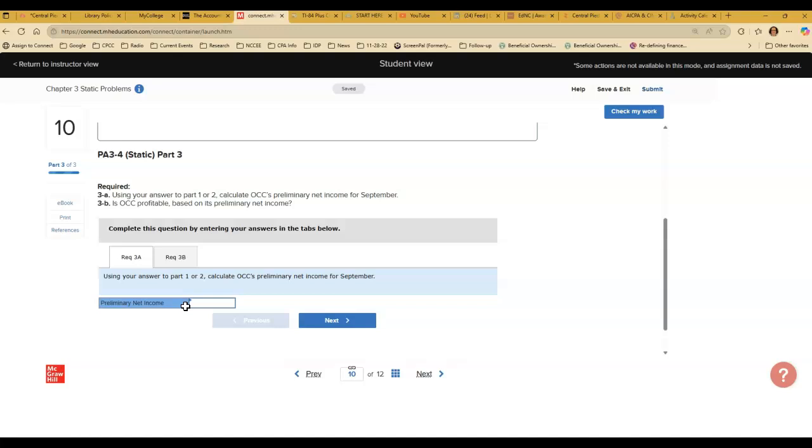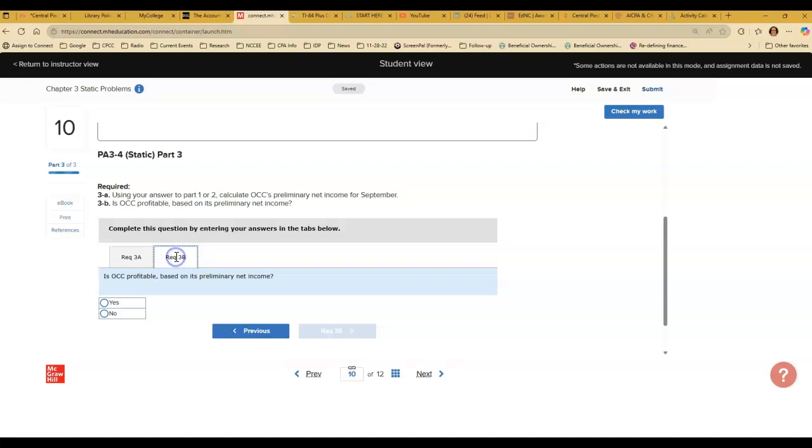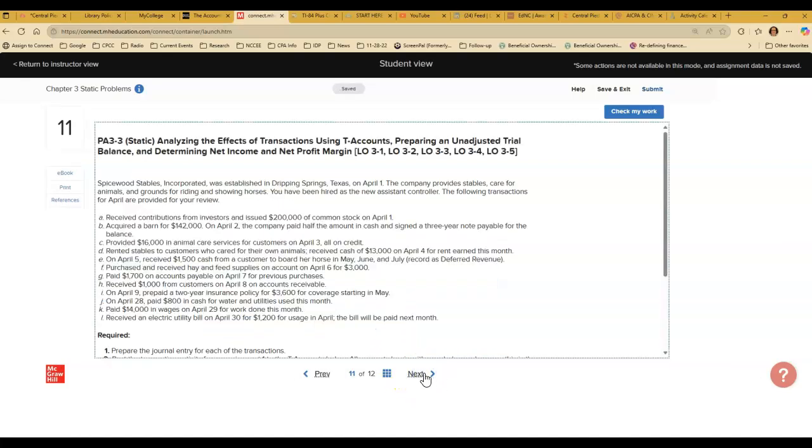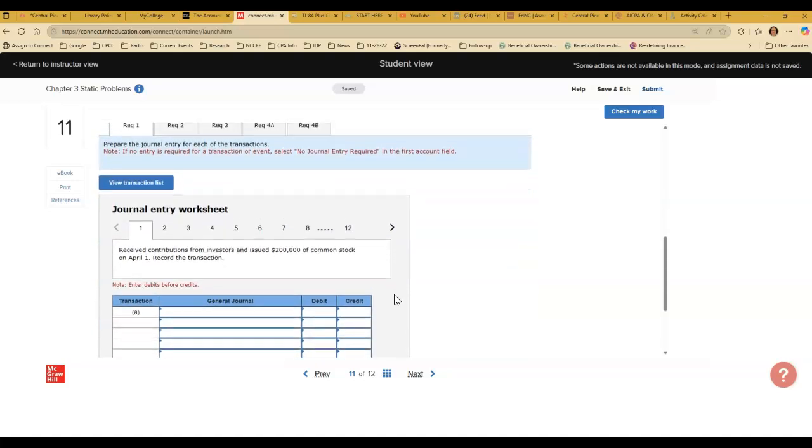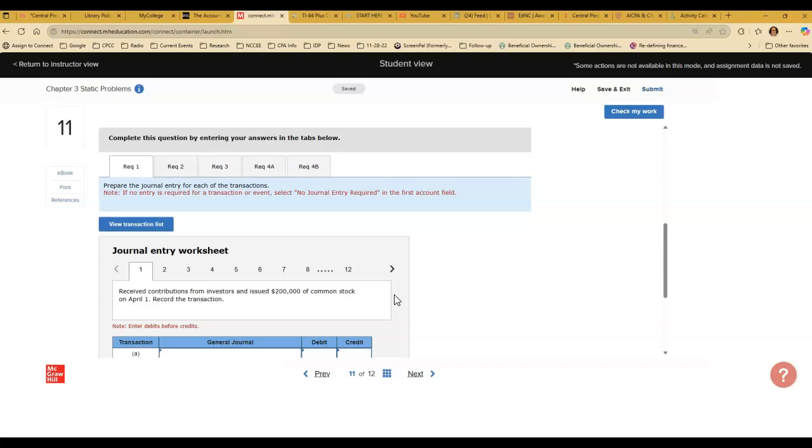This is before all the journal entries so that we can actually get everything updated and correct. Again, more journal entries. I'm hoping you're figuring out you're going to see a lot of journal entries on the exam.